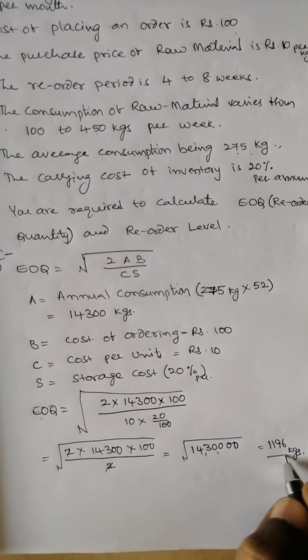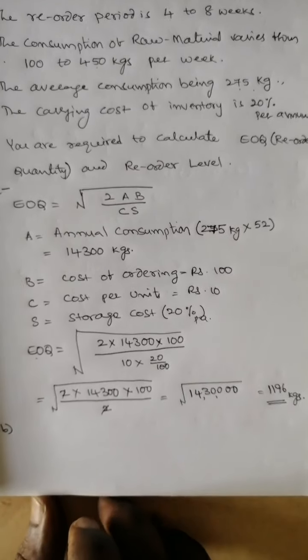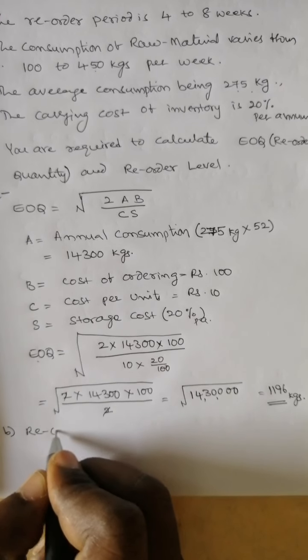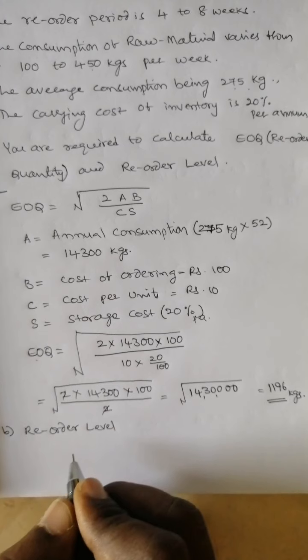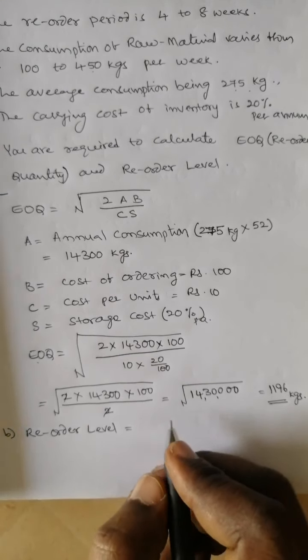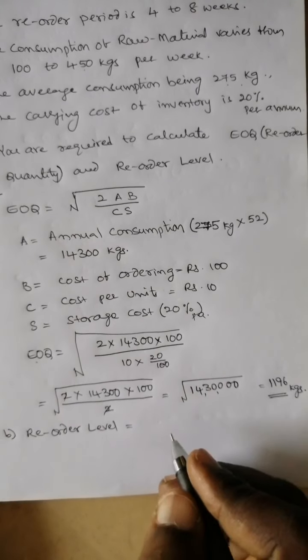So EOQ is this. Now we have to even compute the other thing asked, which is reorder level. At what level we have to place our order, for which formula is already discussed in the previous class.